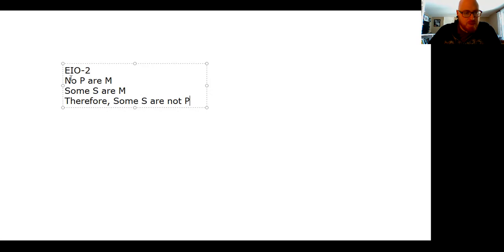So the major premise is an E and it's in figure 2. So the middle term comes second in both premises: no P are M, E; some S are M, I; therefore some S are not P, O. Okay. Now, if we were to mark this with a diagram, here's what it would look like.